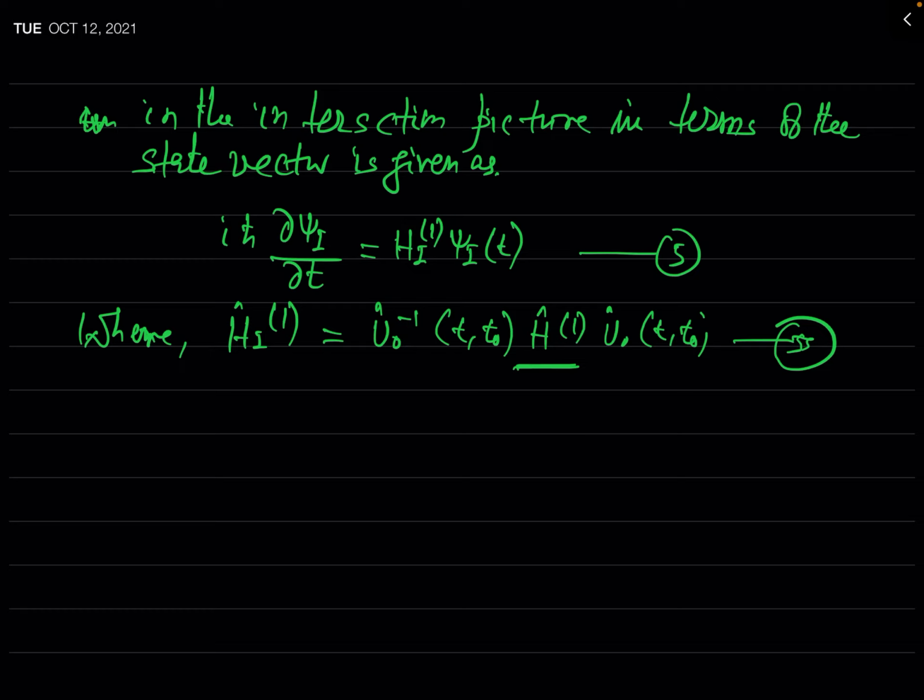So this equation 5 is actually the equation of motion in the interaction picture in terms of the state vector, and you can see that this equation is just like the equation of motion for a state vector in the Schrodinger picture.